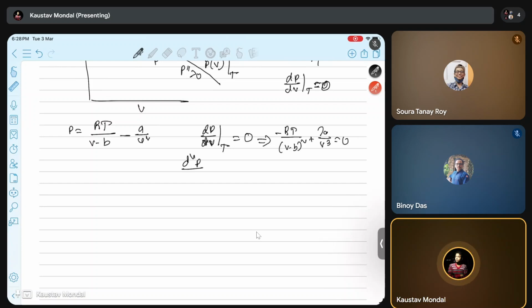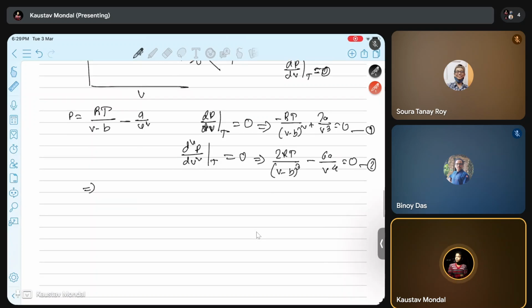The double derivative of P with respect to V at constant T equal to 0 gives 2RT by (V minus b) whole cube minus 6a by V to the power 4 equal to 0. These are the two equations, right?